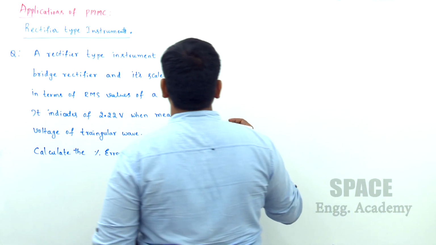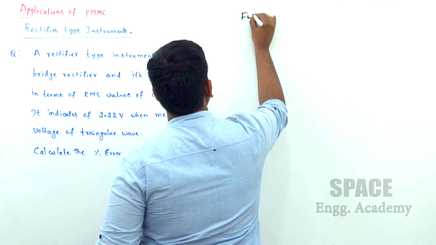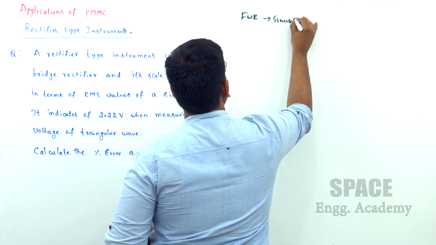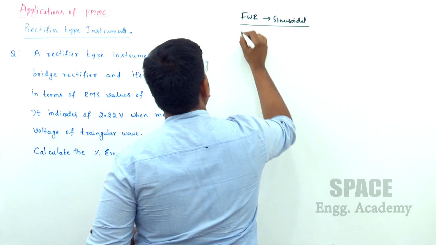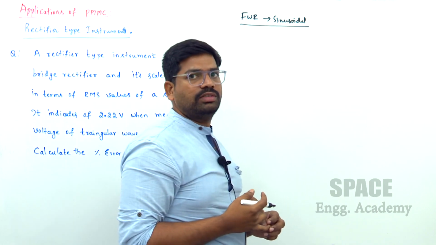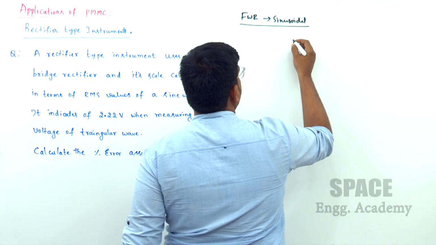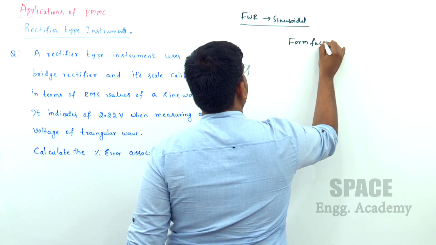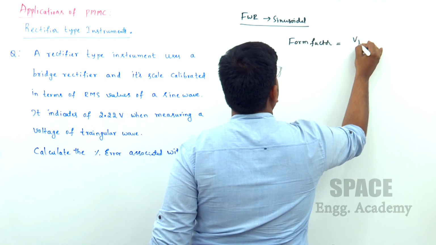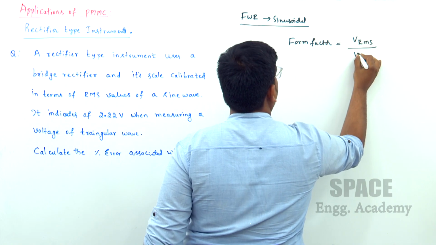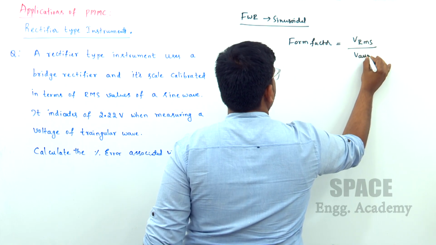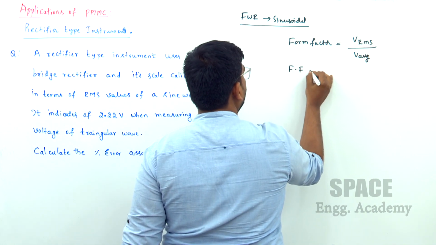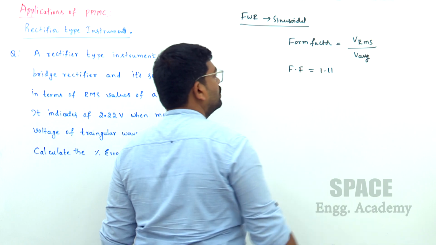First of all, full wave rectifier with sinusoidal, what is the ratio of RMS to average? Tell me, sinusoidal means form factor we get. So, form factor is the ratio of RMS to average. We know for sinusoidal the form factor is 1.11.